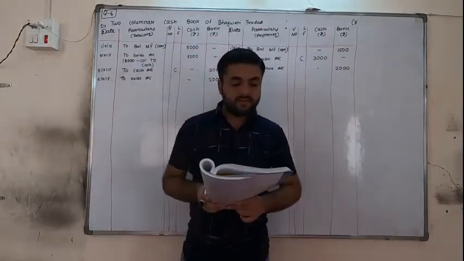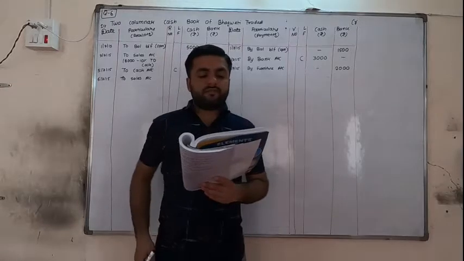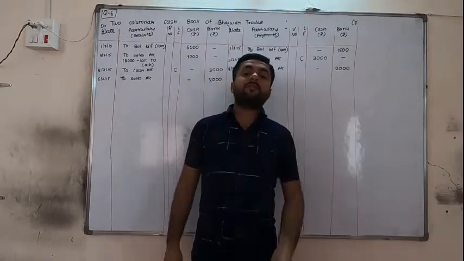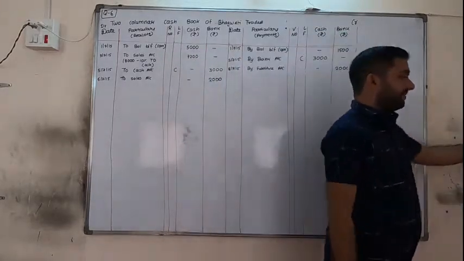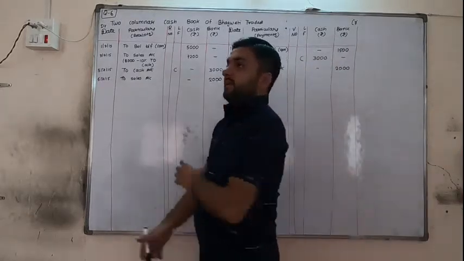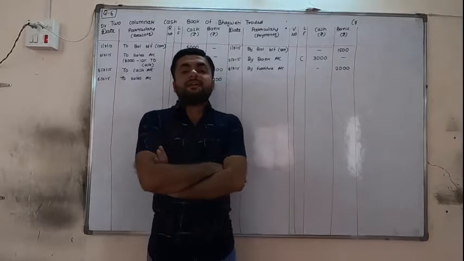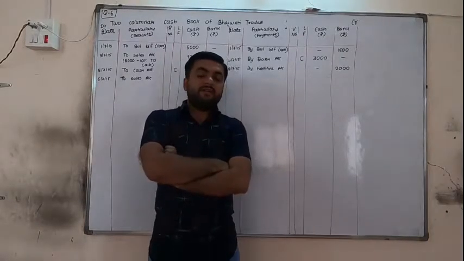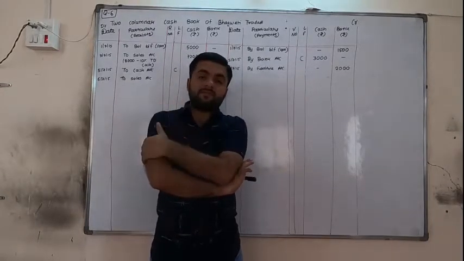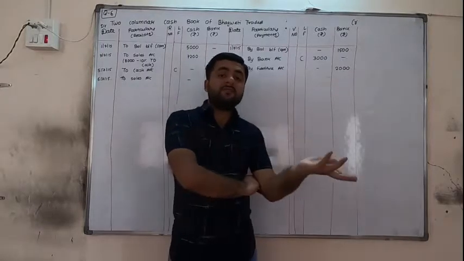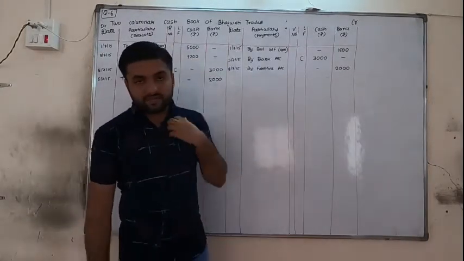Next, check of 3000 received from Bhargavi, which is endorsed in favor of Parth. Now understand this thing. If we are not writing this transaction, then also it is okay, and if we are writing, then also it is okay. Why? We are receiving the check, so on debit side. We are saying endorsing the check means we have to receive from Bhargavi.